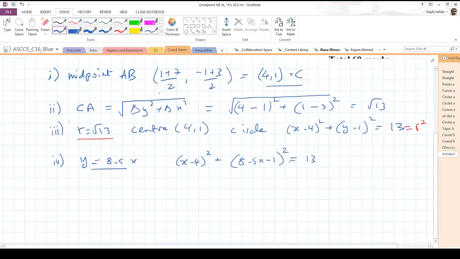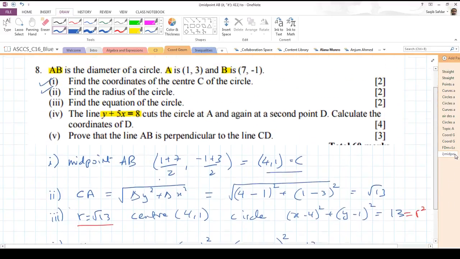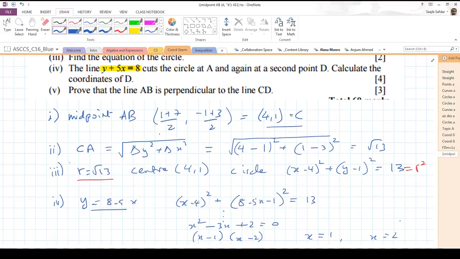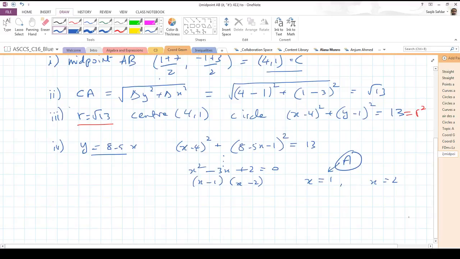If we were to tidy this up and expand this out, we should end up with x squared take away 3x plus 2 equals 0. You get (x minus 1)(x take away 2), and that gives you x equals 1, x equals 2. Now, out of these 2 points, point A is the one where x equals 1. Correct? So my other point is where x equals 2.